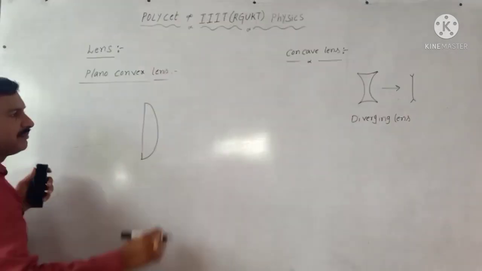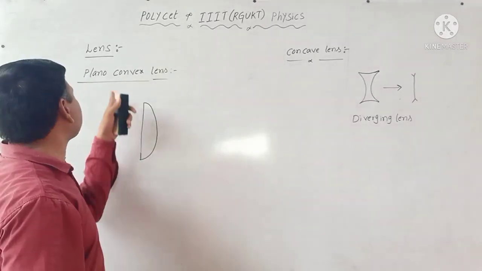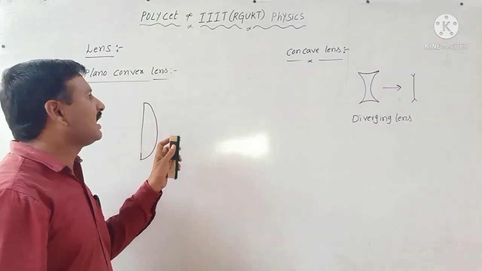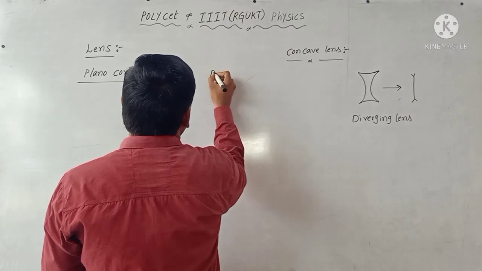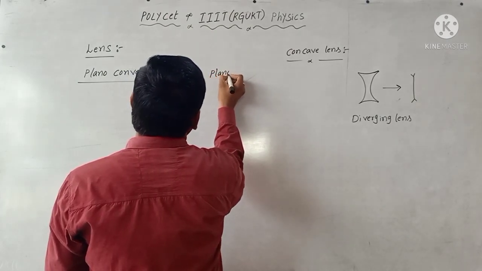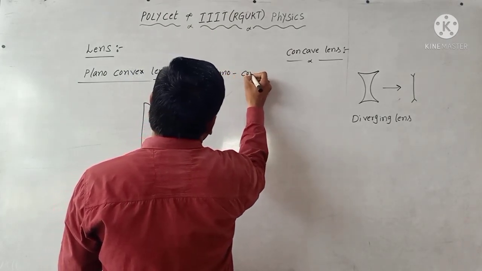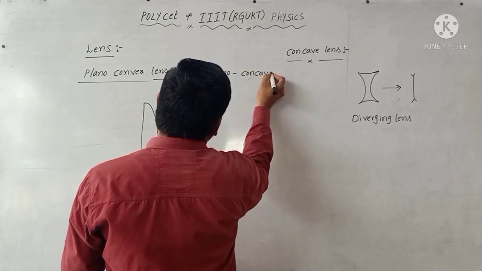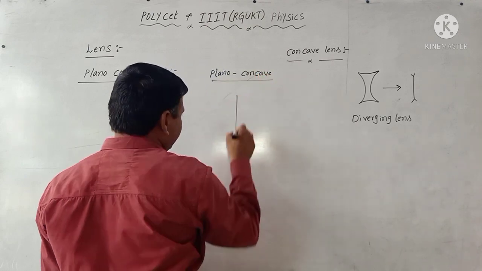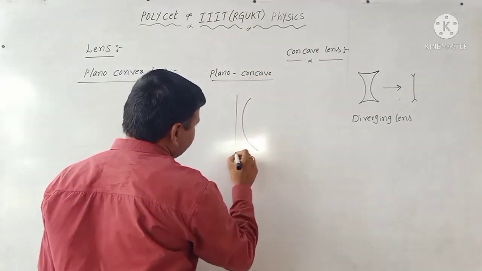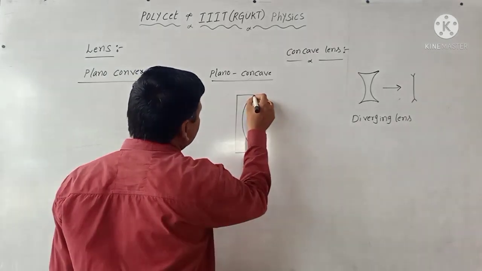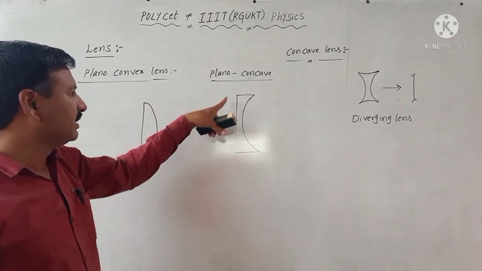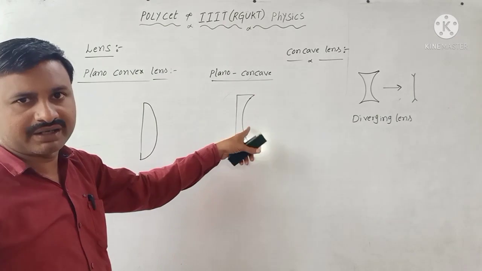Only one side has a bulged surface. That is plano-convex. After that, plano-concave. Plano-concave means this one. It is plane on one side and concave on the other.